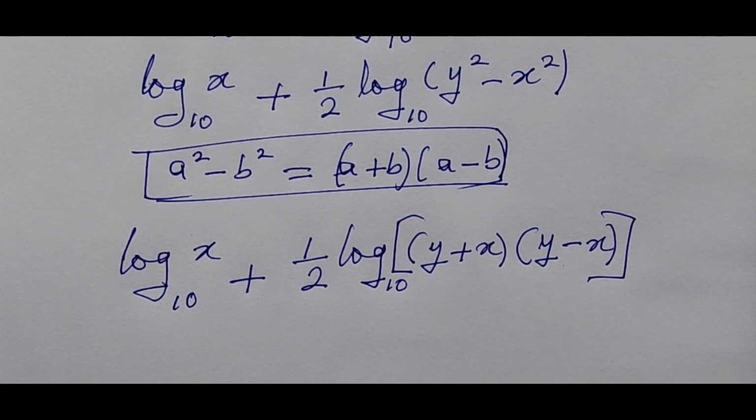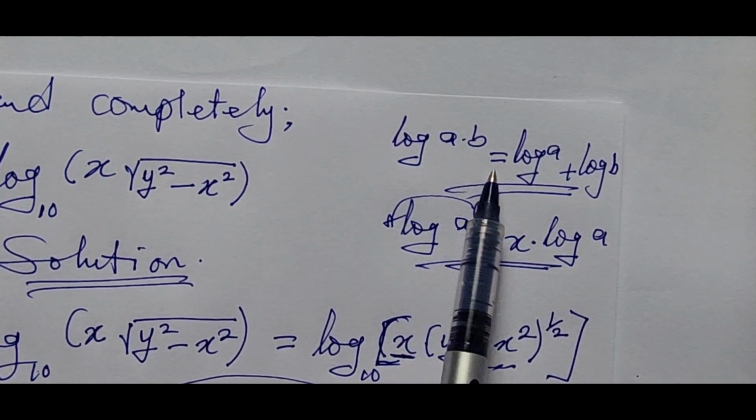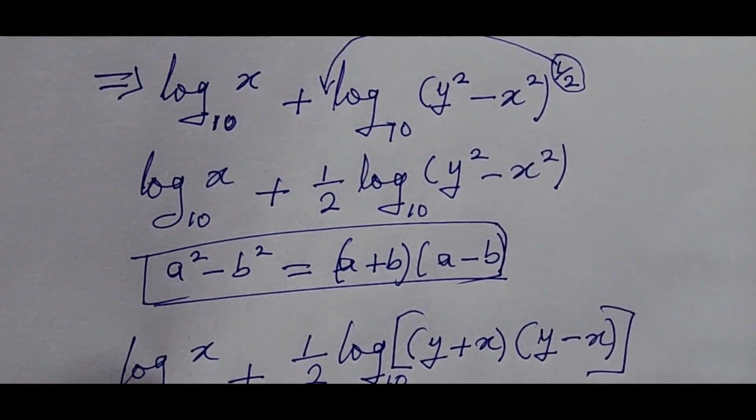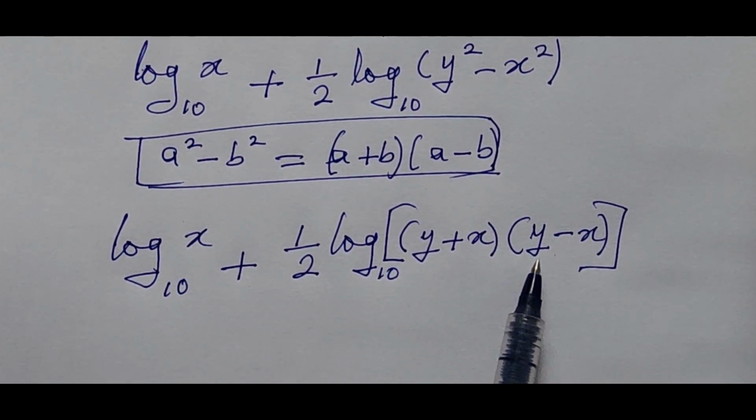I believe no confusion here, right? Now, with what we have here, we again have a multiplication. So remember the multiplication law of logarithm we looked at earlier. We want to rewrite this part of the expression.